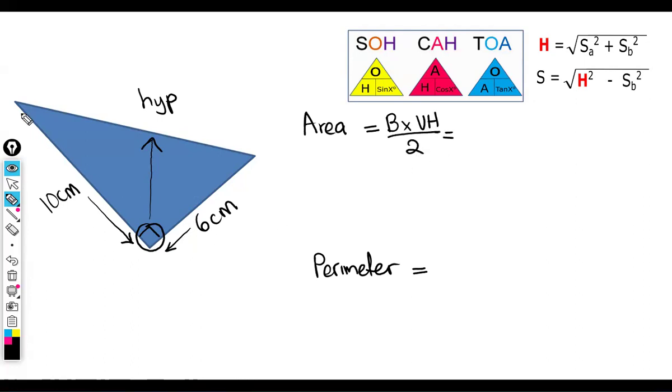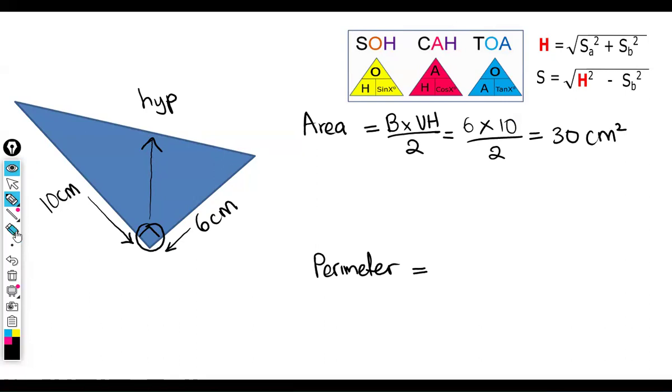So it really doesn't matter if you mix up which one you call the base and which the vertical height. So I'm going to call the 6 the base. The vertical height is 10, and then you divide it by 2. We can do this in our head, right? 6 by 10 is 60 divided by 2 is 30. So it's 30 centimeters what? Squared. So this is an easy question.